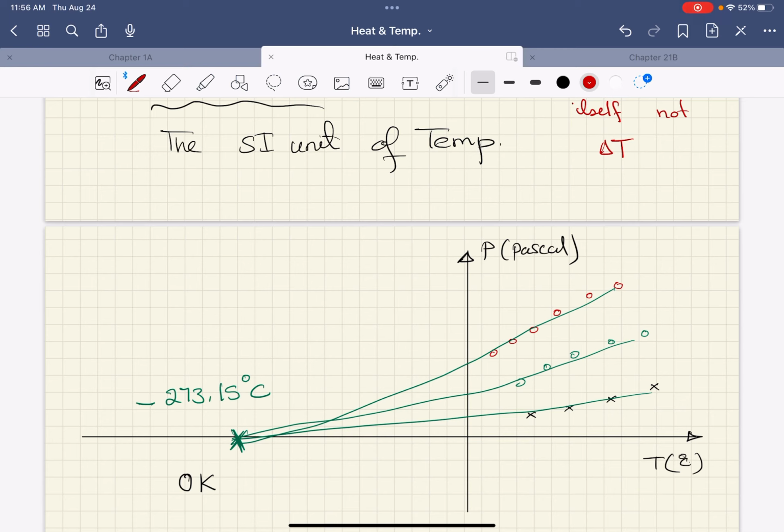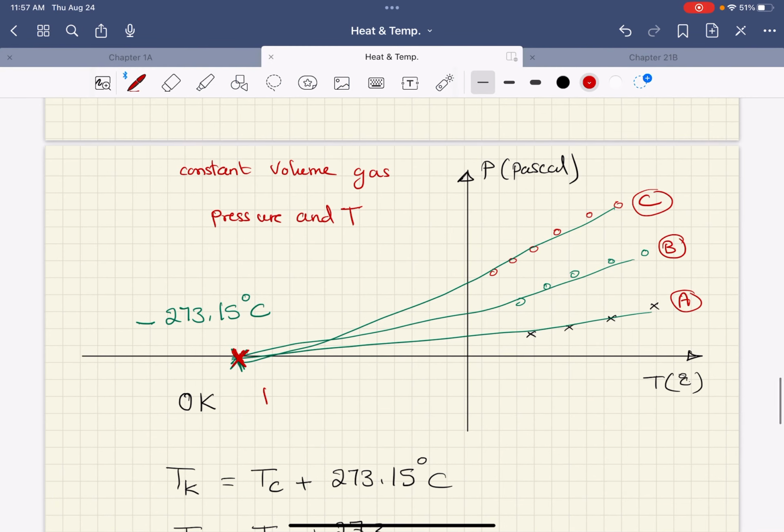Now, more than one scientist studied the relation between the pressure and the temperature of a gas at constant volume. Say one scientist found this line A, another scientist found B, another scientist found C. When we tried to connect the points, all the lines intersected in one point, which is negative 273.15.